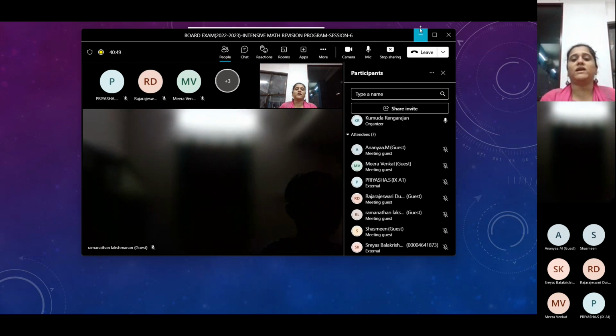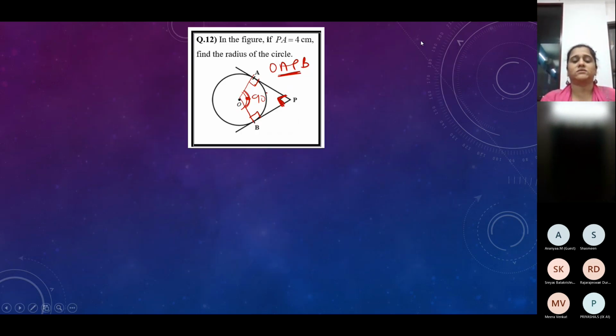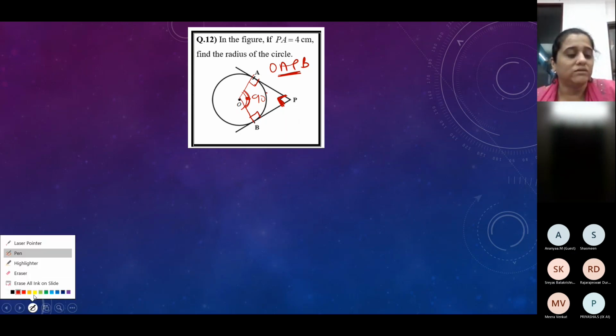Ma'am, by showing that the adjacent sides of the quadrilateral are equal. Yeah, the adjacent sides are equal.